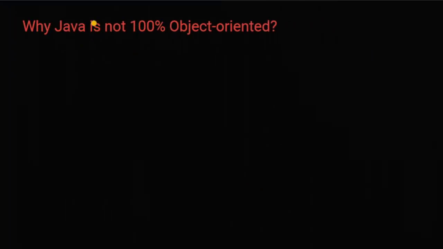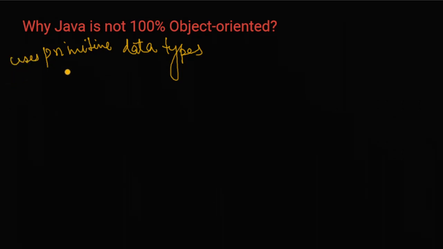Another good question that comes up is, why is Java not a pure object oriented language, or why not 100% object oriented language? So Java is not a pure object oriented language because it uses primitive data types.